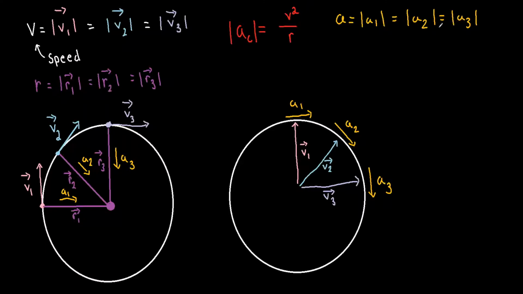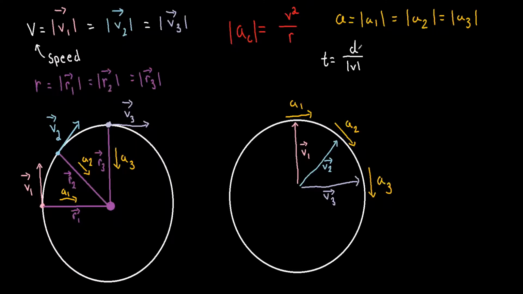So we're just going to assume that they all have the same magnitude. Now that we got that out of the way, let's try to find a way to determine how long it takes to get from here to here. Well, we can rearrange our speed formula to have that our time is equal to the distance an object has traveled divided by its speed. Well, in this case, our distance is the arc length of the circle.